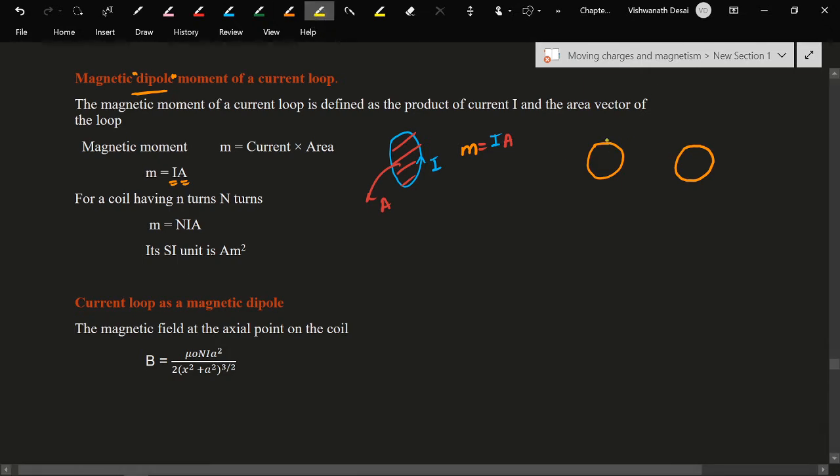In one conductor the current is in clockwise direction, and for the observer the face behaves like a south pole. In another conductor, if the current is flowing anti-clockwise, for the observer it behaves as a north pole.